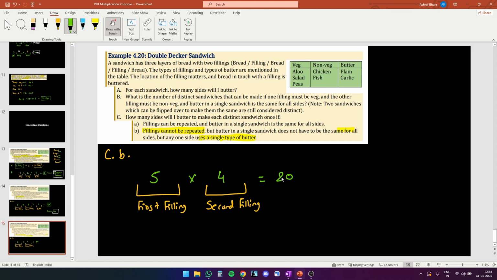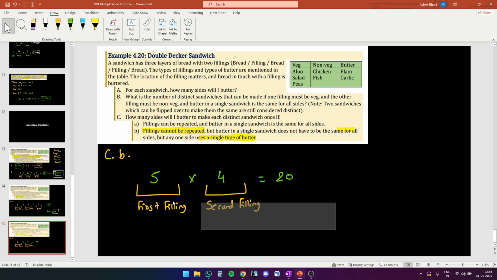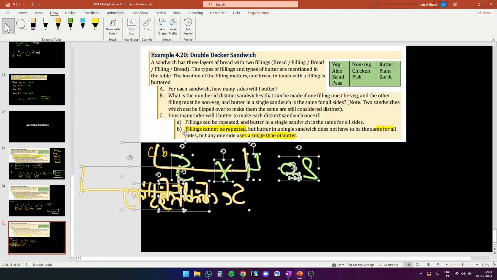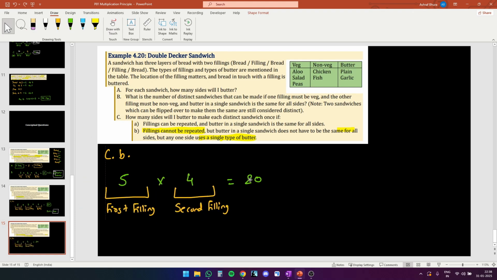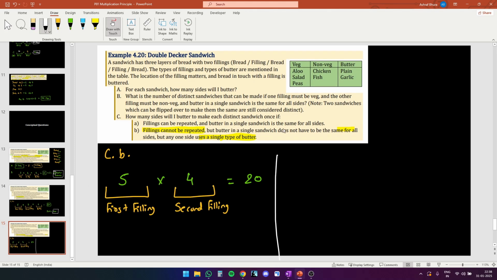Okay. Now coming to the part where it says butter. For butter, what does it say? In a single sandwich, butter cannot be same for all. So can I say, we have 4 sides, so this is side 1, this is side 2, this is side 3, and this is side 4.